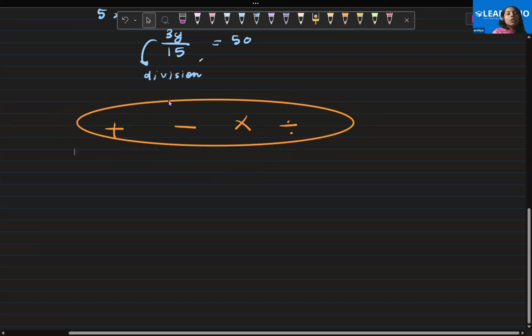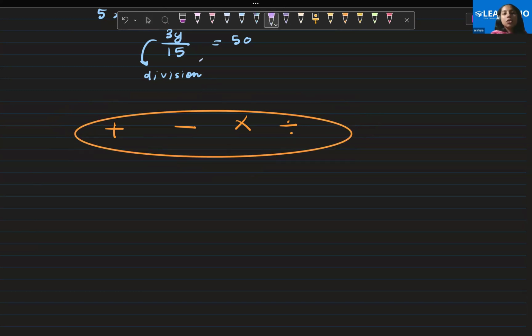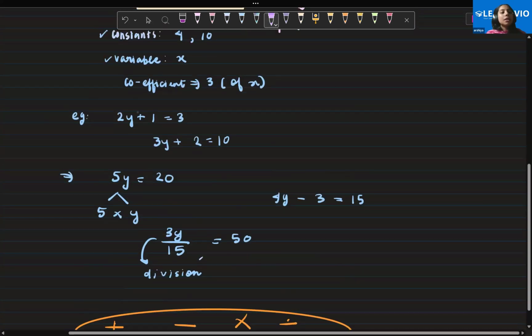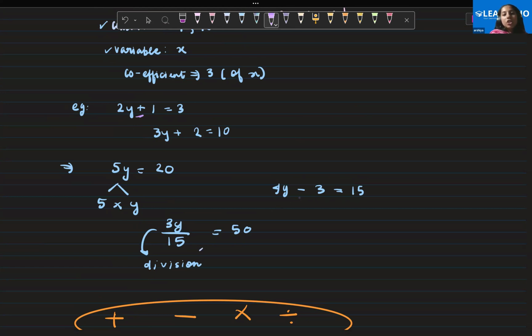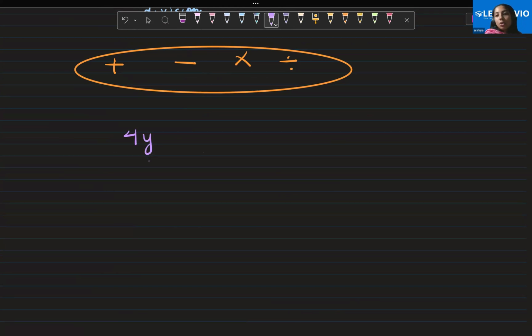Let me give you a quick gist. In the previous examples, you can see that addition is happening, subtraction is happening. But what about numbers like 4y? There is no operation sign between 4 and y.